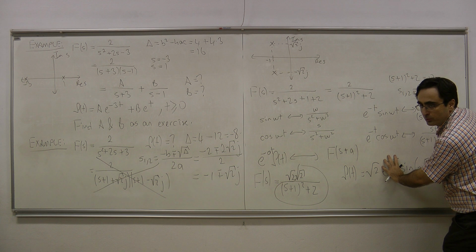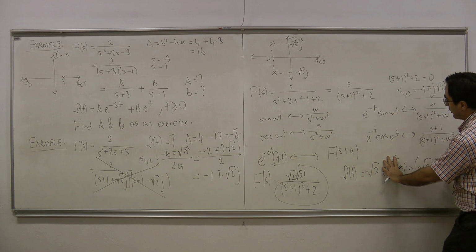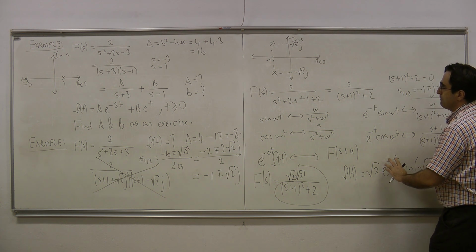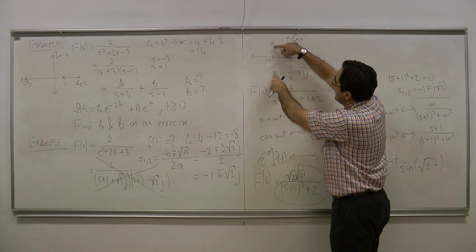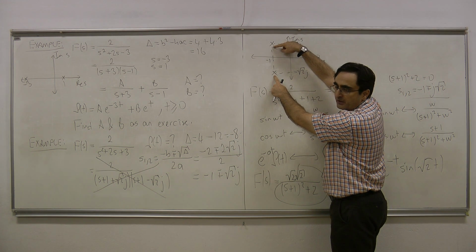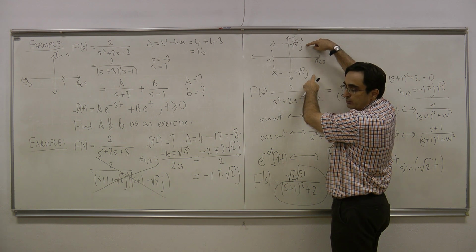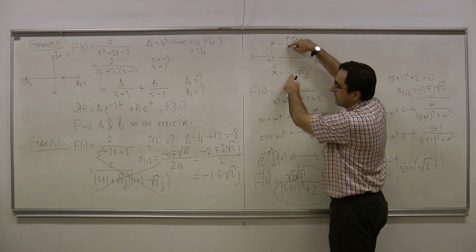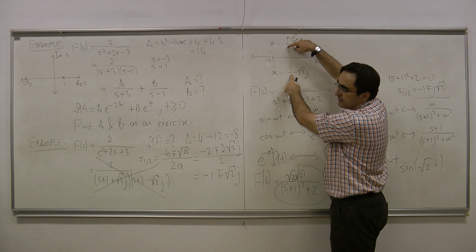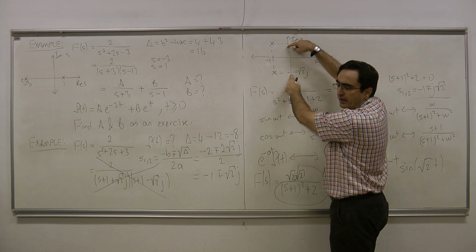So I would have a pure sinusoid, which is not growing, not decaying. If the poles are in the left half plane, those terms will be decaying. If the poles are in the right half plane, those terms would be growing. If the poles are on the imaginary axis, there would be neither growth nor decay.